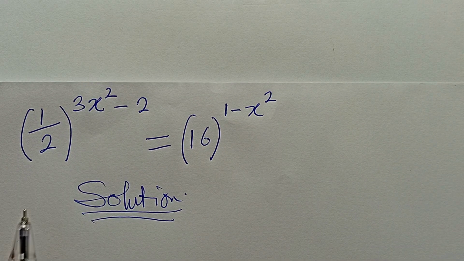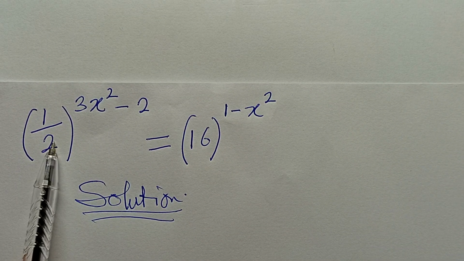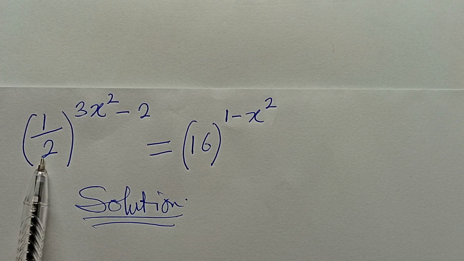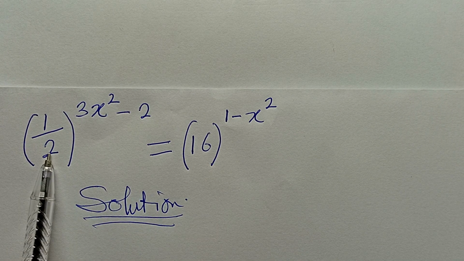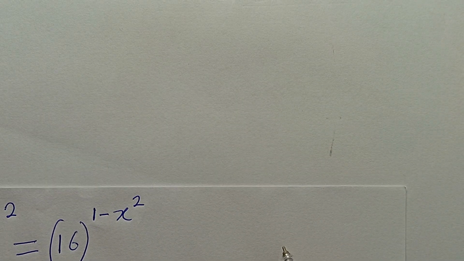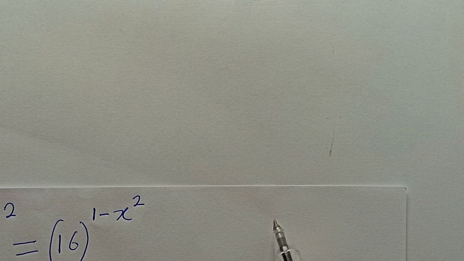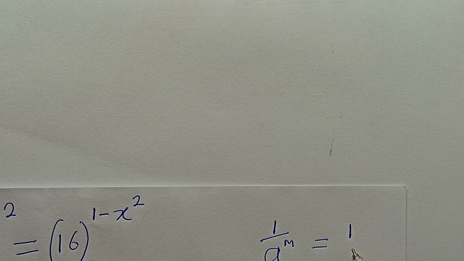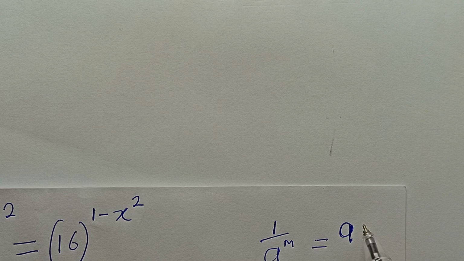All right, so we just have to check the base quantity on the left hand side and the right hand side. We can rewrite this 1 over 2 by applying a law in indices, which says that 1 over e to the power of m is the same thing as e to the power of minus m.